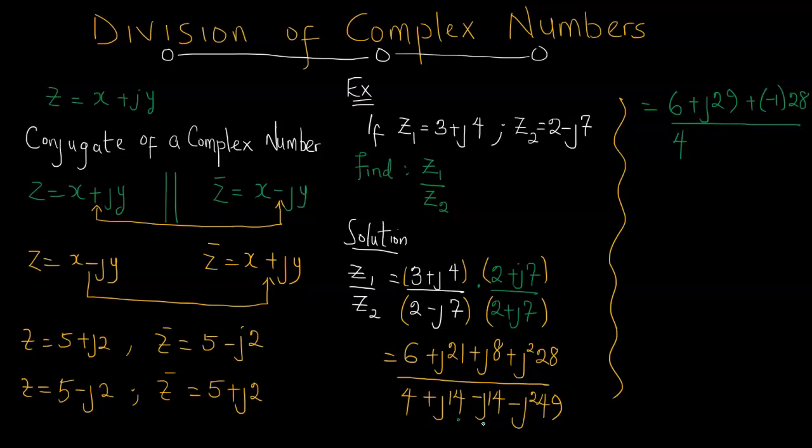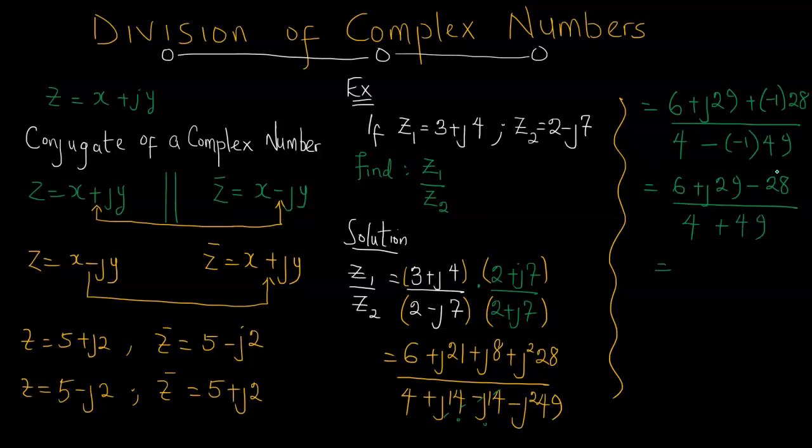These are like terms, j14 minus j14, that's gone, that's 0. Then minus j squared is a negative 1. Then we have 49. So this is equal to 6 plus j29 plus minus is minus, then this is minus 28 divided by 4. Minus minus is plus. Then this is plus 49.